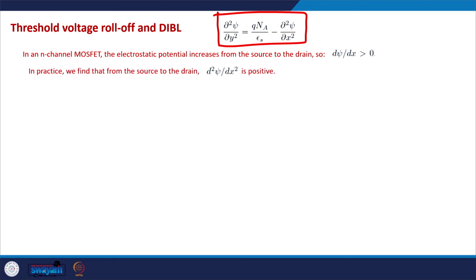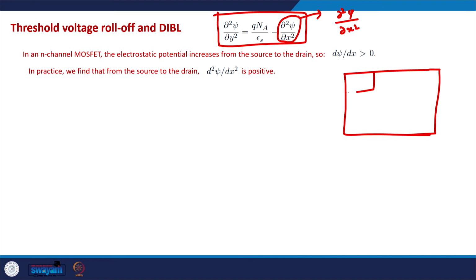And so, now what is this term? Let us try to make sense of this term, del 2 psi by del x square. Let us draw a picture of the MOSFET. This is how the MOSFET looks like. And since we are considering the 2D electrostatics, we are assuming that we have applied a voltage on the drain terminal in addition to a voltage on the gate terminal.